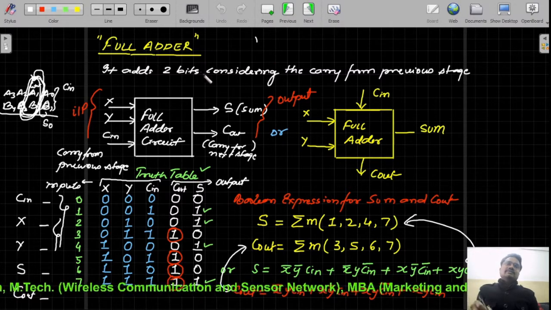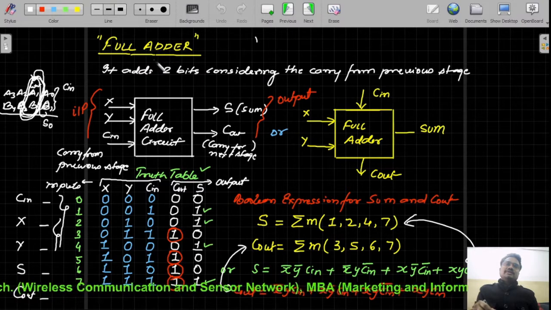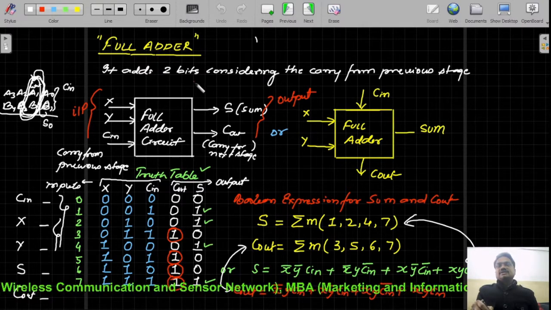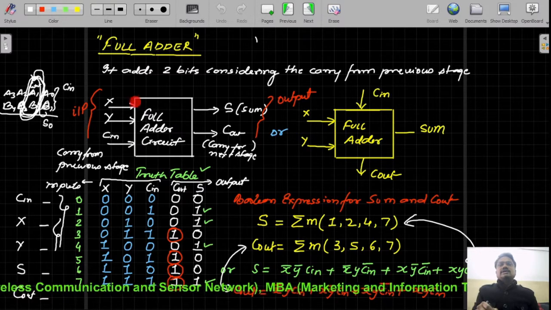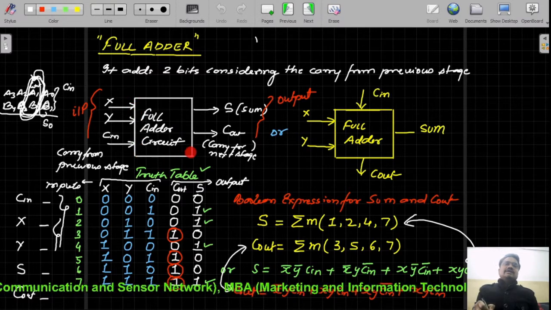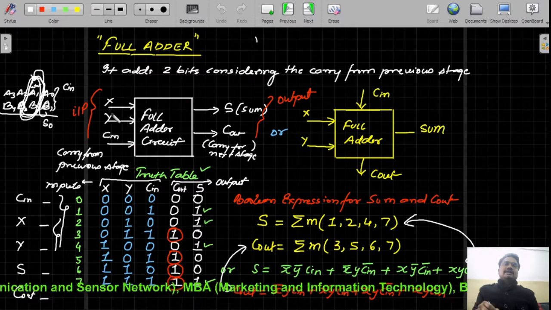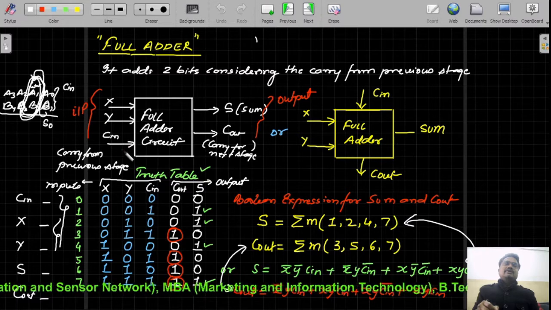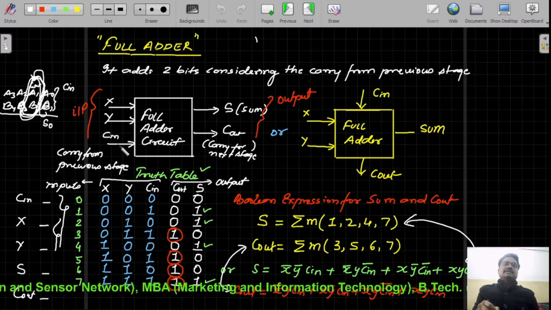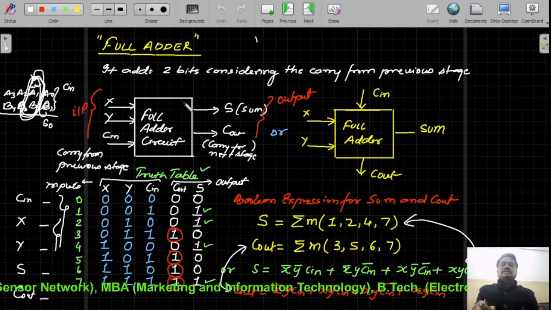In other words, for performing multi-bit addition we use the full adder circuit. So the multi-bit addition concept gives us an idea to make this kind of block diagram in which the inputs are x and y, and we consider the previous carry in as an input to this full adder circuit.